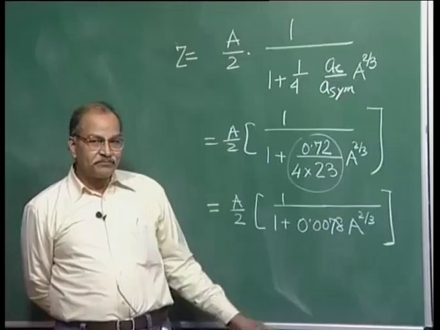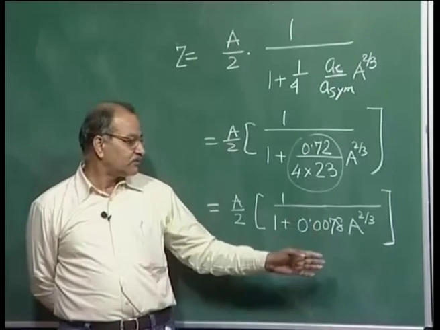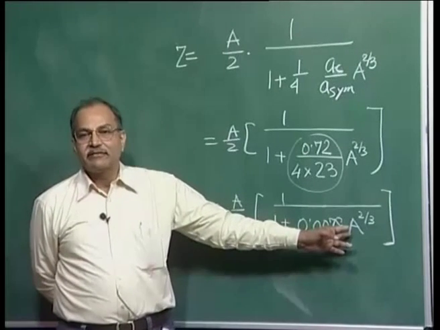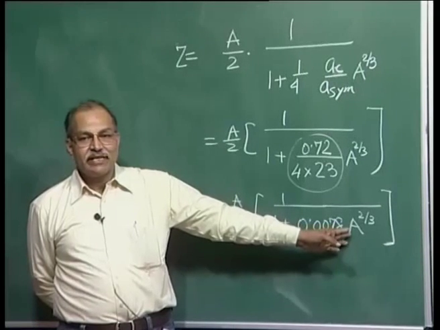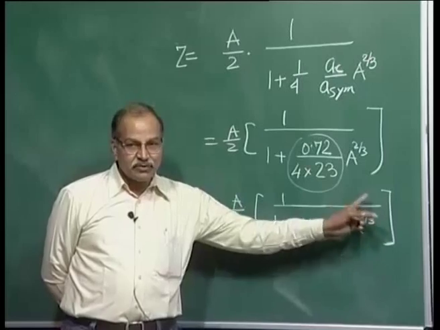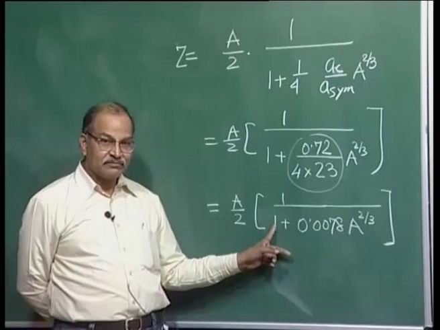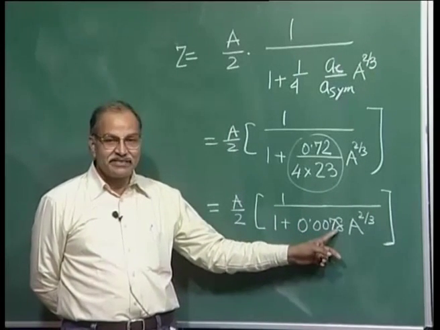Now, you can see for light nuclei where A is say 10, 12, 6, 8 like that, this factor is going to be very small as compared to 1, it is 0.0078 into A power 2 by 3.